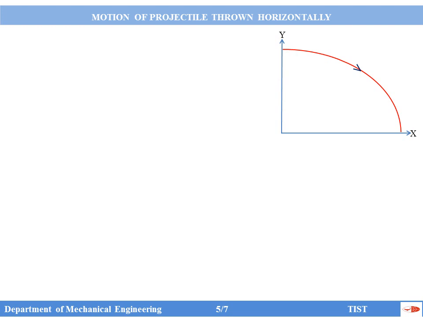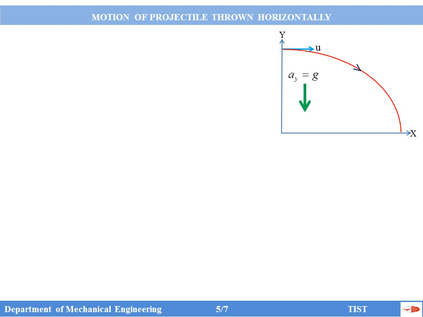If you drop or project the body horizontally with the initial velocity u, the body will not go in a straight line because of acceleration due to gravity, it will undergo a projectile motion, right? So this is also a projectile motion, it is a part of the previous general projectile motion.